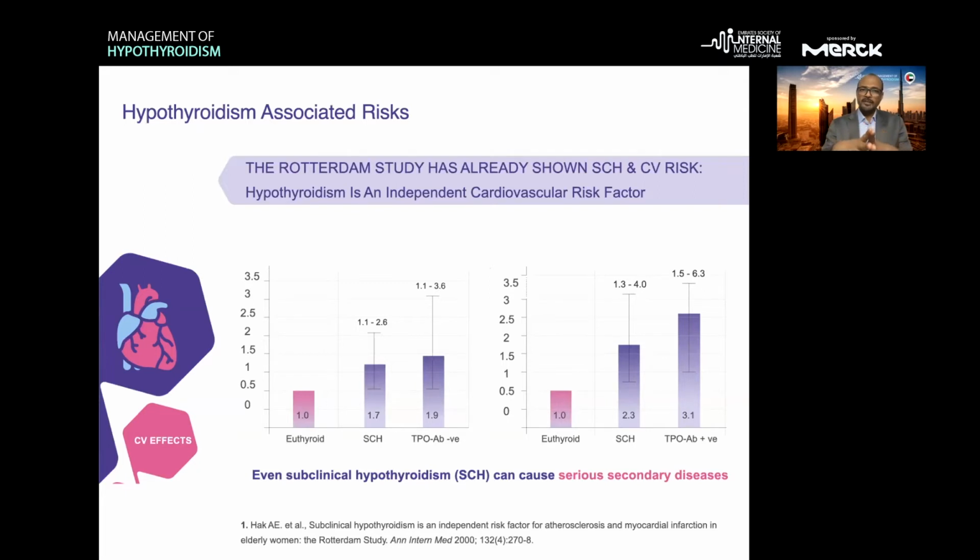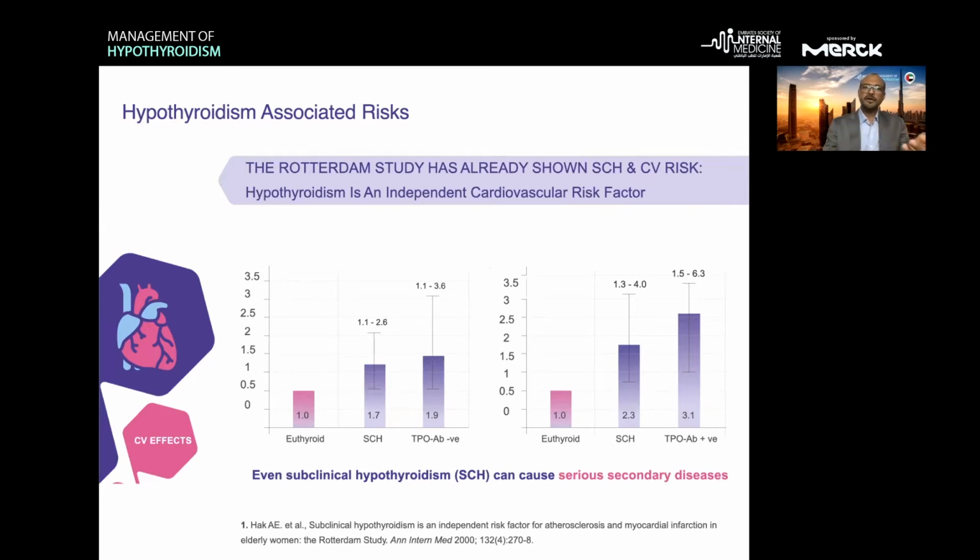And if we look at these graphs from the Rotterdam study, where they looked at patients with hypothyroidism, they brought normal people, euthyroid people, with subclinical hypo and not frank hypothyroidism, and patients with hypothyroidism. And a fourth group was patients with hypothyroidism with positive antibodies, and they looked at their cardiovascular risk.